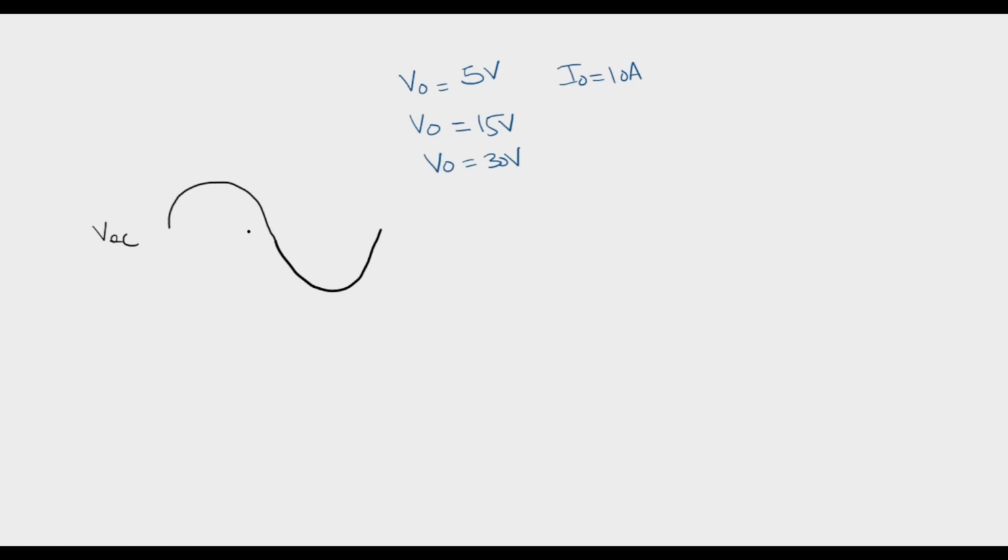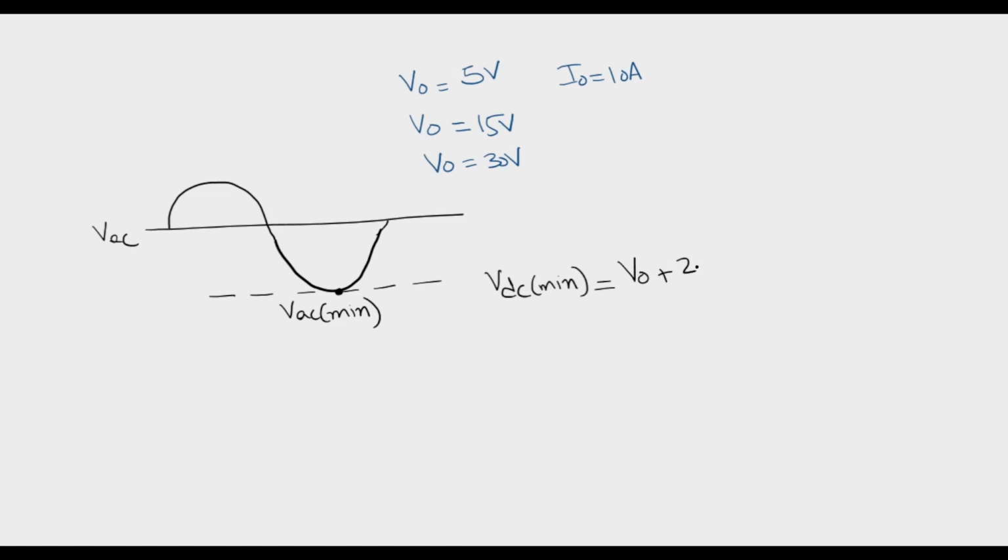So this means that the AC voltage, when it is at its minimum, VAC min at this point, we want our VDC min corresponding to this AC input minimum to be at least 2.5 volts greater than the output voltage.